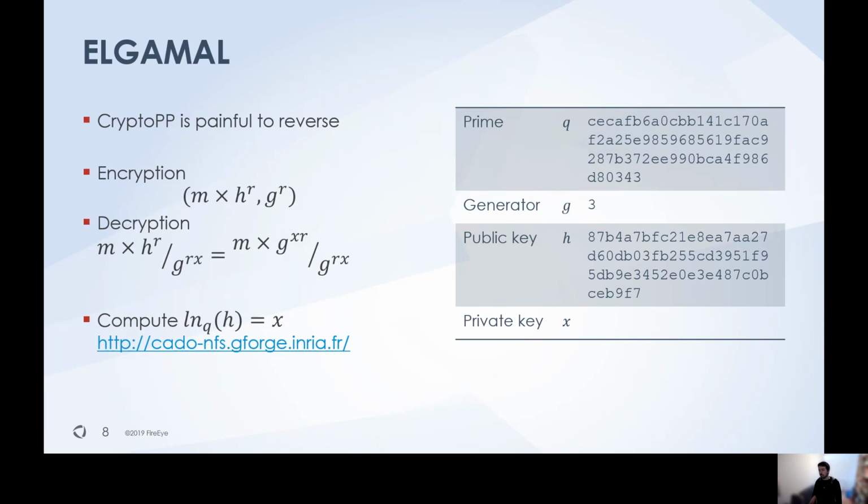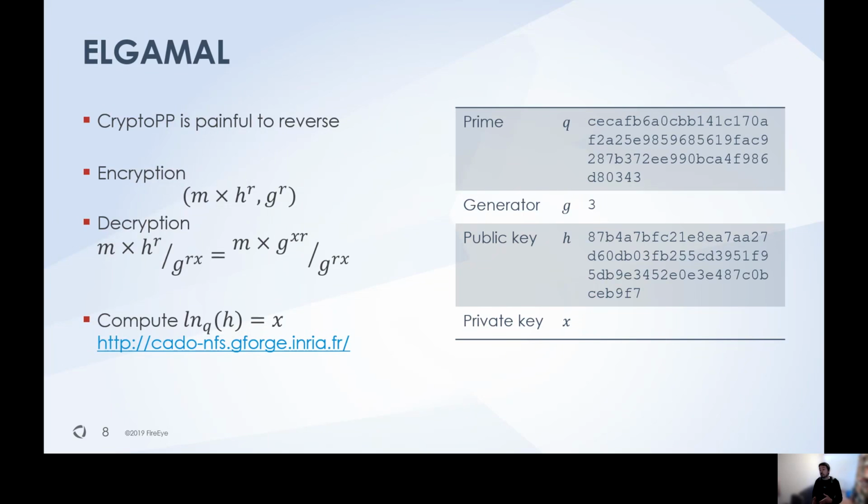ElGamal is a pretty simple algorithm. The idea is that you have a field generated by a prime and a generator. Here it's 3. Your public key is just a number in that field that you exponentiate. That is, you take 3 and you exponentiate 3 with your private key. You obtain a public key, and you use that public key to encrypt the messages.